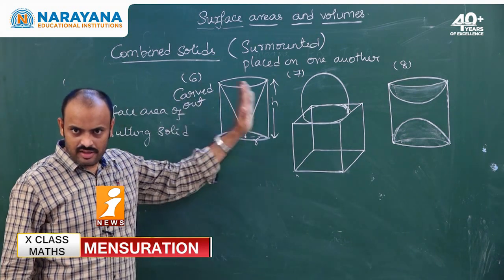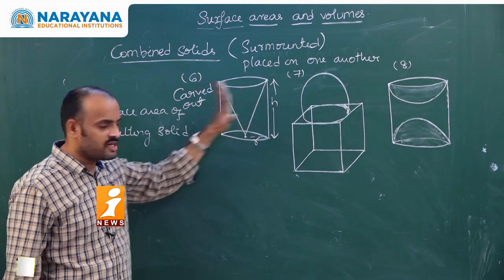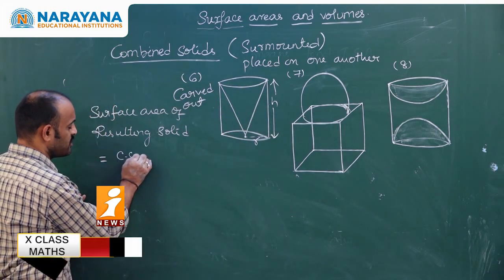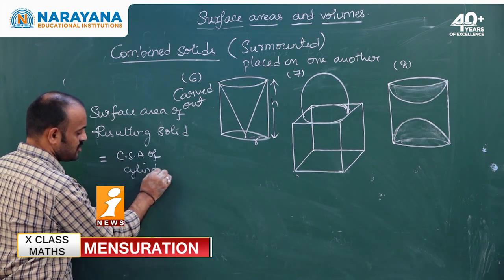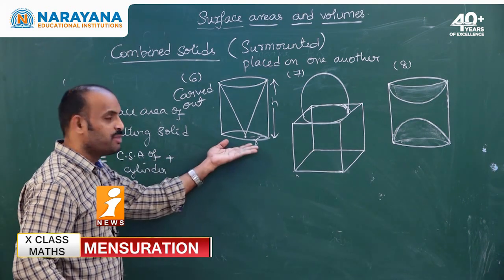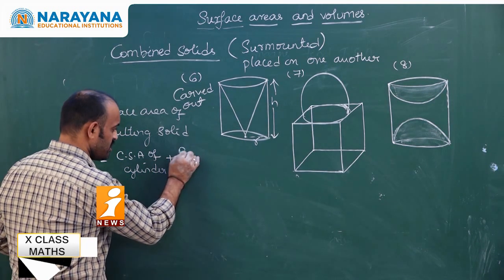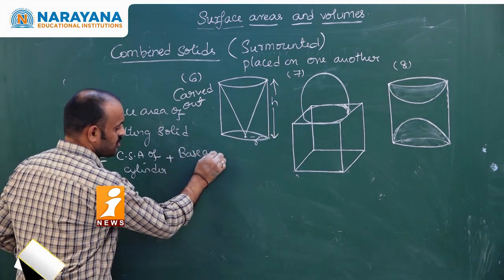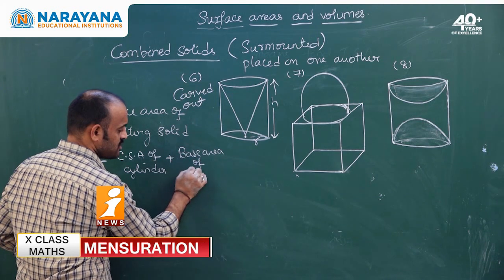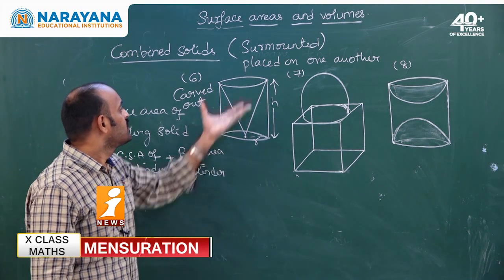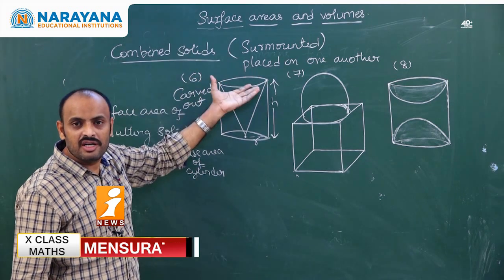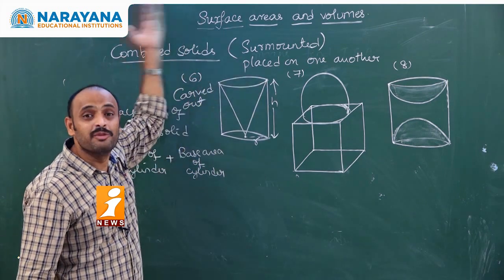CSA of cylinder is there, the curved part of the cylinder is there, plus base area of cylinder is there. Now from the top, a cone is removed.